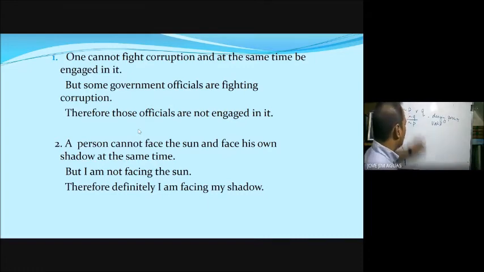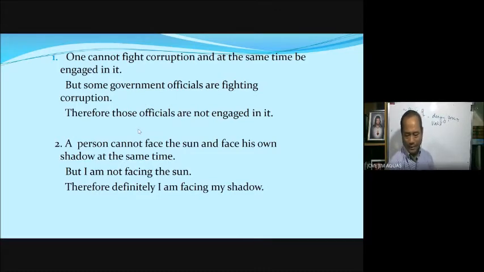That is a conjunctive syllogism. A person cannot face the sun and face his own shadow at the same time. Let's not use P and Q anymore. We can still use that, but so that you will be guided, you just use the first letters.